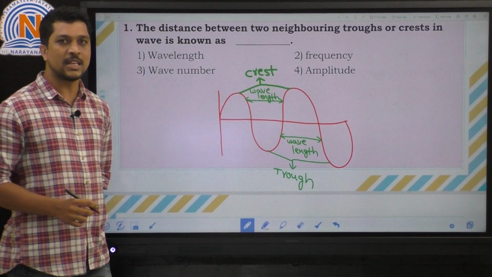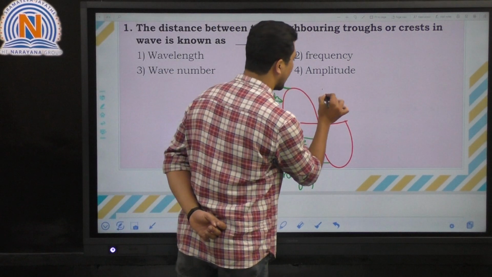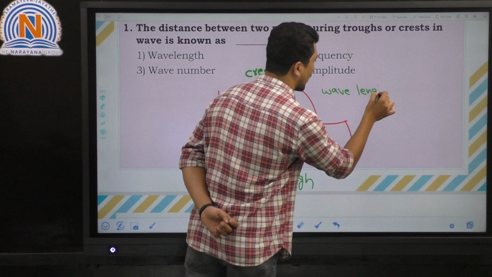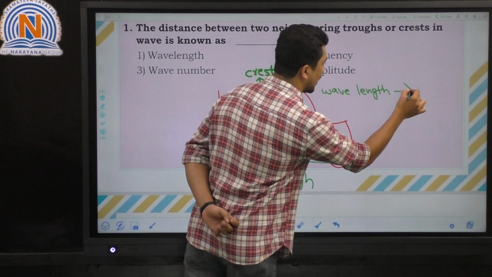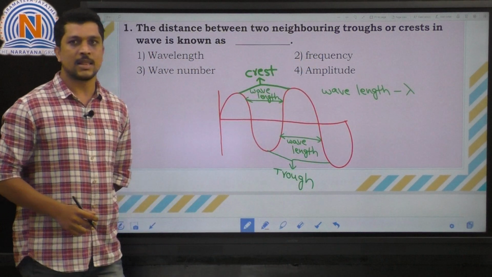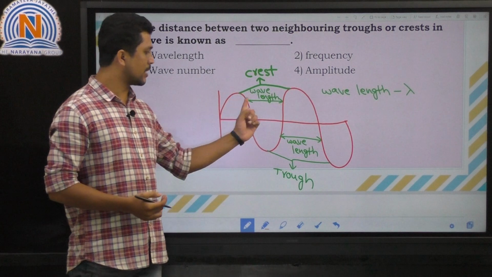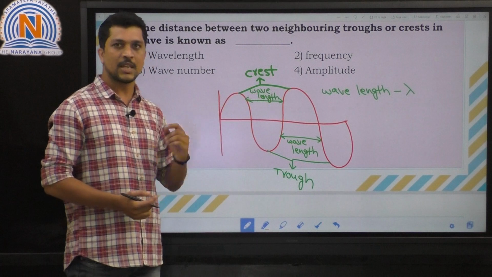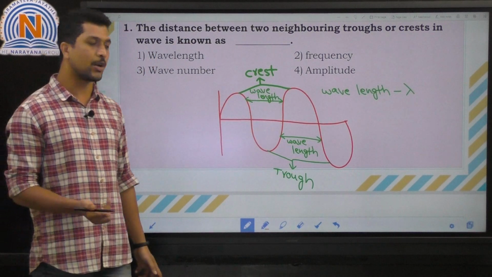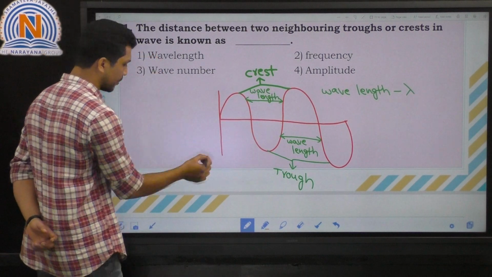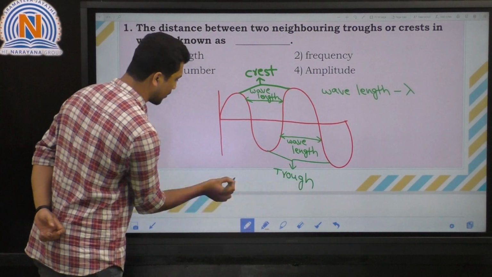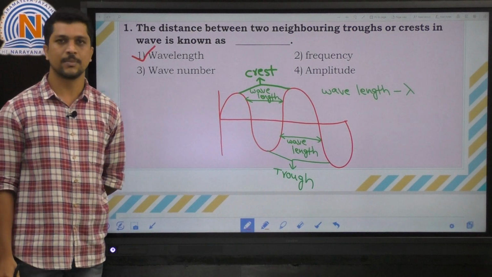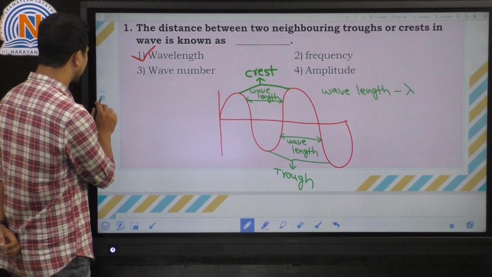Generally this wavelength is represented by lambda. So the distance between two neighboring troughs or two neighboring crests is known as wavelength. So the correct option is the first option. Let's move on to the next question.